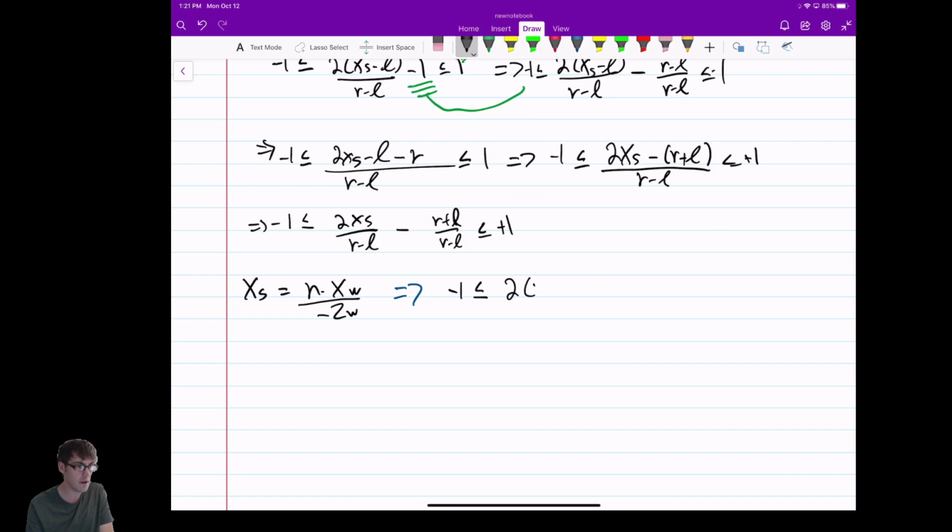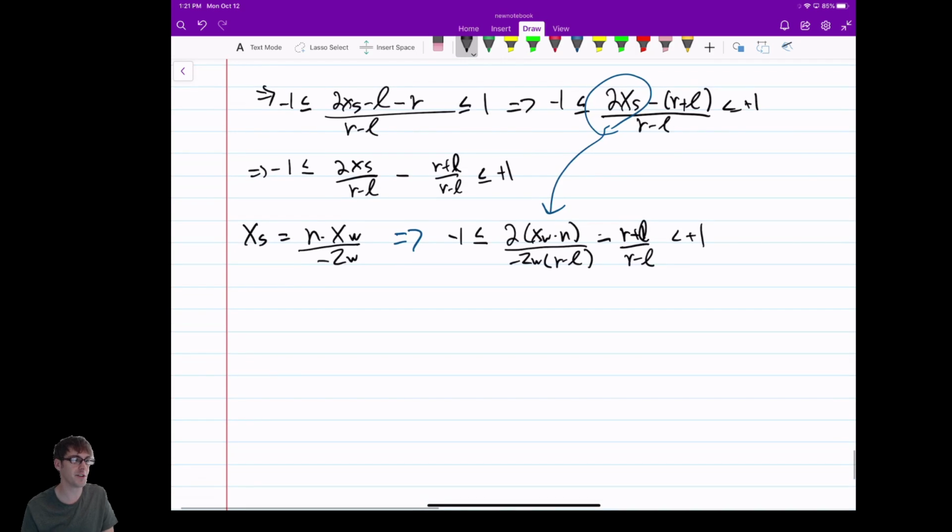It's 2 of xw times n over minus zw of R minus L. All I've done here is take this 2xs, this xs goes here, and the z goes into the bottom, minus R plus L over R minus L, between negative 1 and plus 1. My slides all say negative 1, but obviously that's wrong in my notes.